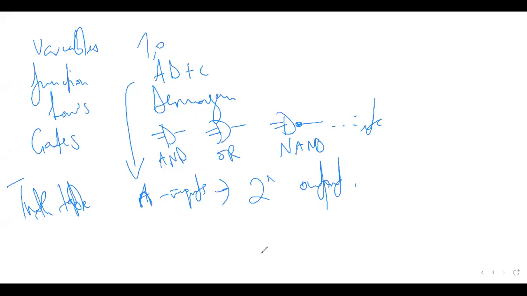We have adders, full adders, half adders, which we'll be designing. We have circuits which do conversion. I already talked of conversion. How do you convert a BCD number to a gray number? There are circuits which do that. How do you design those circuits? We will get to that part.